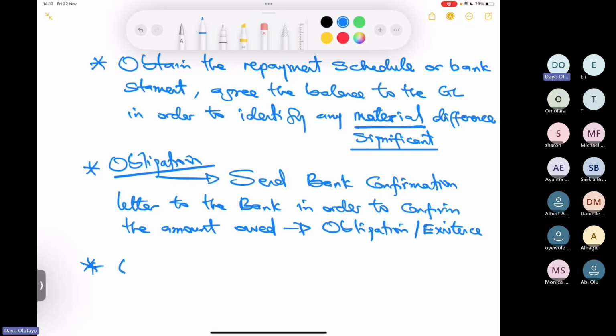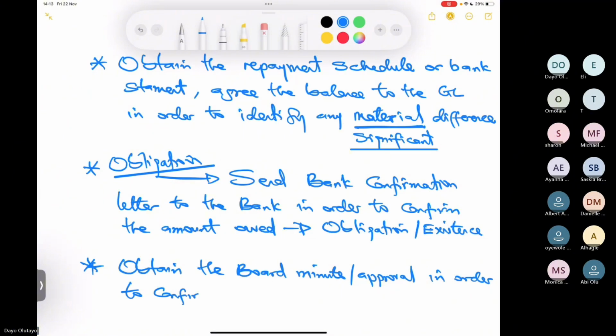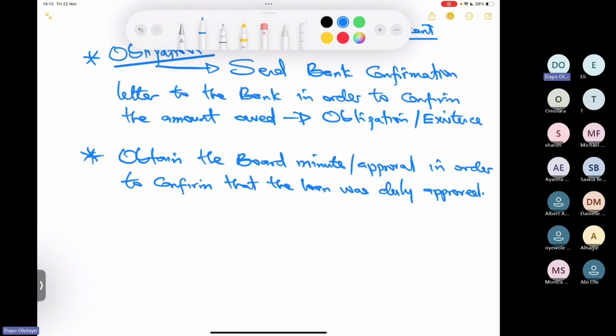So you can also obtain the board minutes or approval in order to confirm that the loan was duly approved. Let it not be that management just decided to go and collect money from the bank without necessary approval. So you need to get that as well.